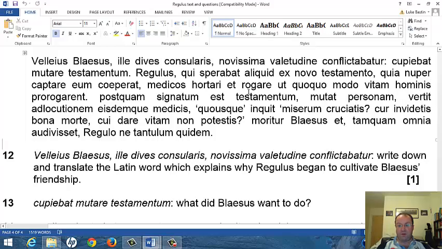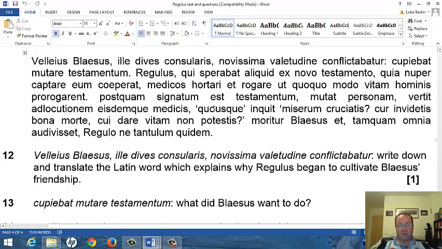Postquam, so after testamentum, the will, signatum est, was signed, so in other words changed, the new will, mutat, Regulus changes his persona. He changes the way he speaks, his manner of speaking, it's a noun, his manner of speaking to the same doctors.